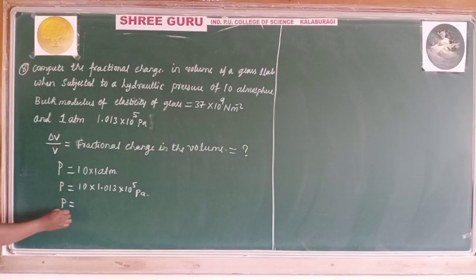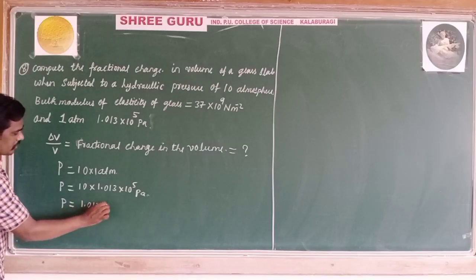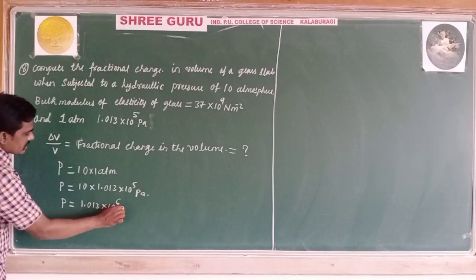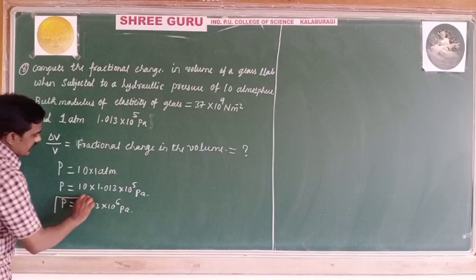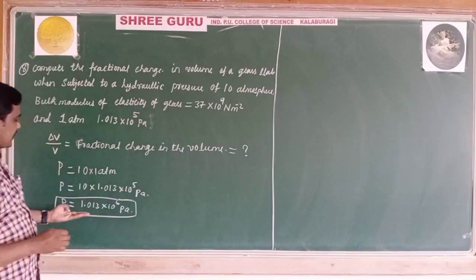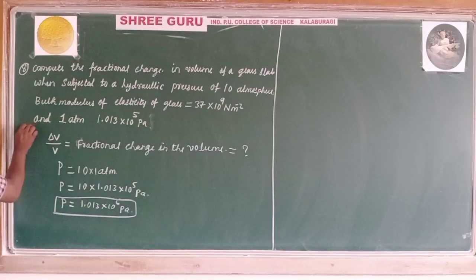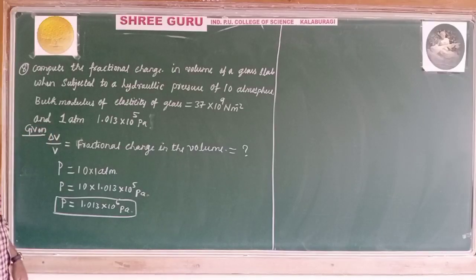And the hydraulic pressure is around 1.013 into 10 to the power of 6 Pascal. This is the hydraulic pressure, 10 atmospheres. These are the things given in the question.